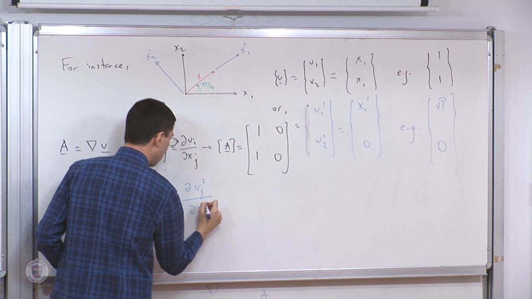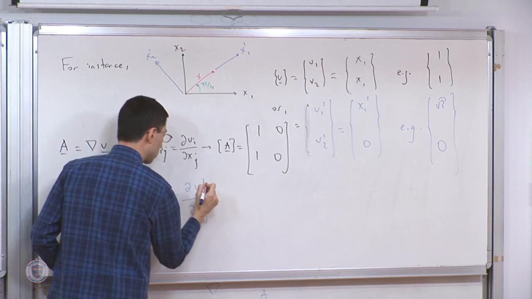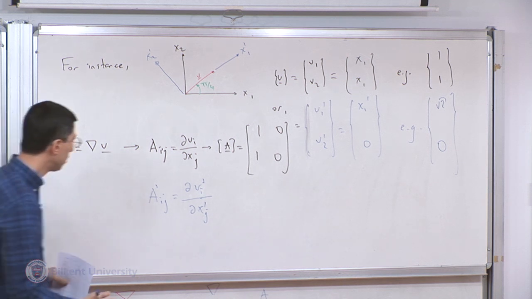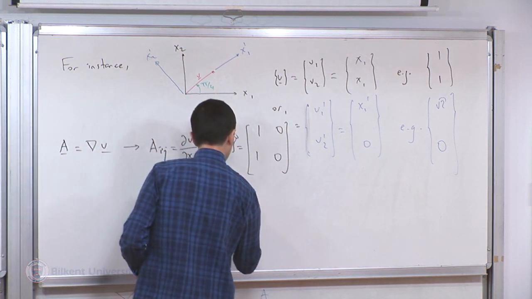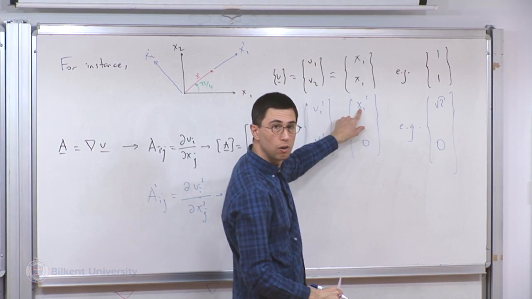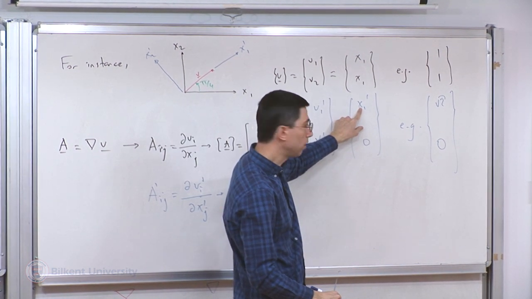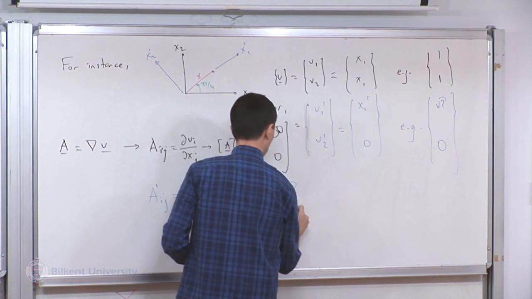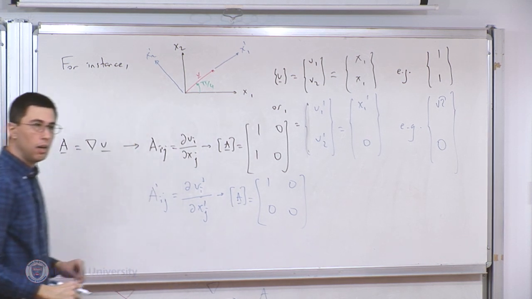Let's again calculate it. So in this coordinate system, A looks like this.